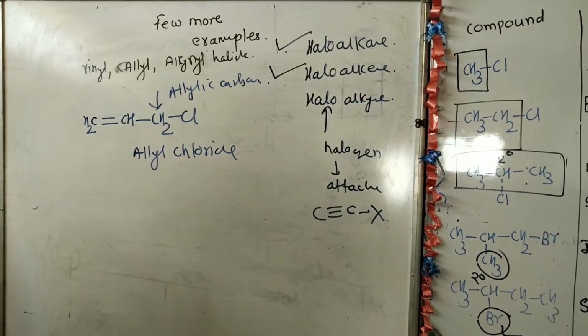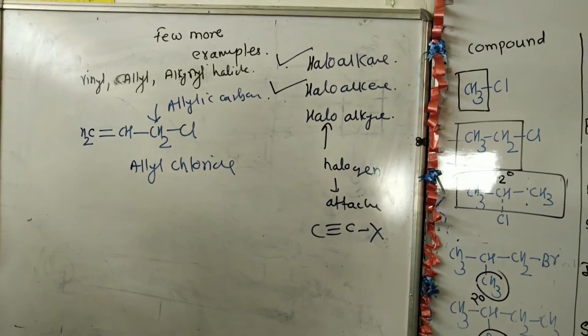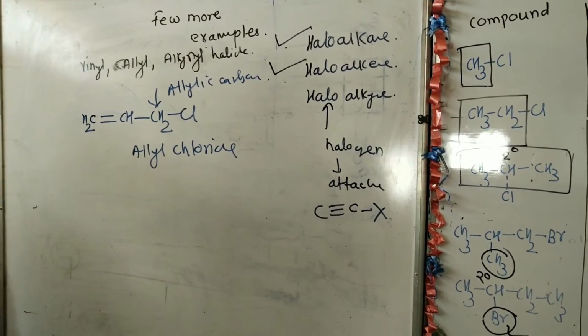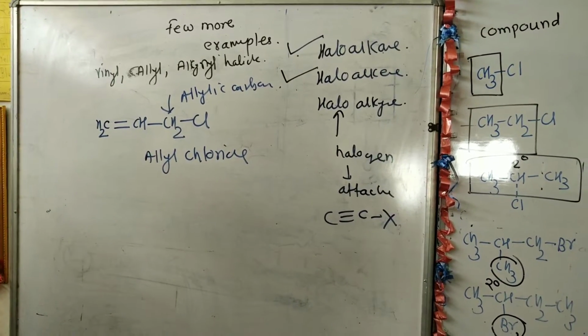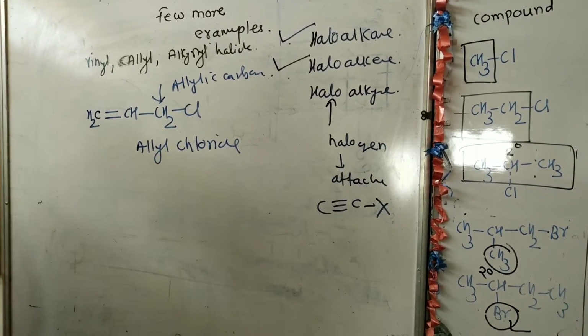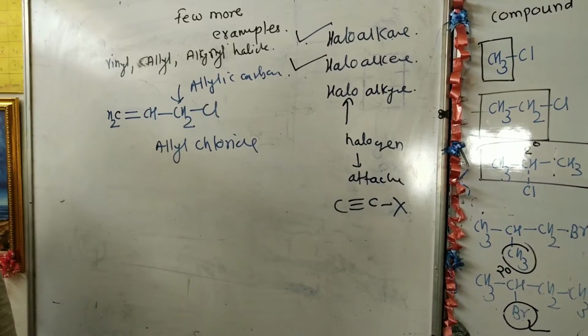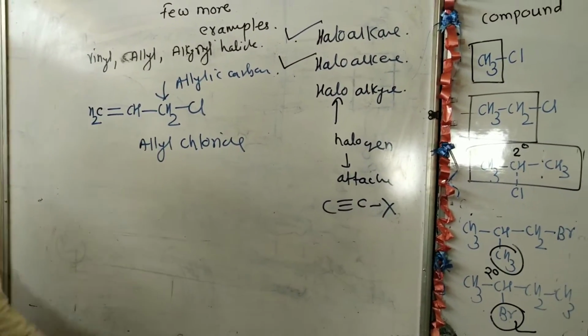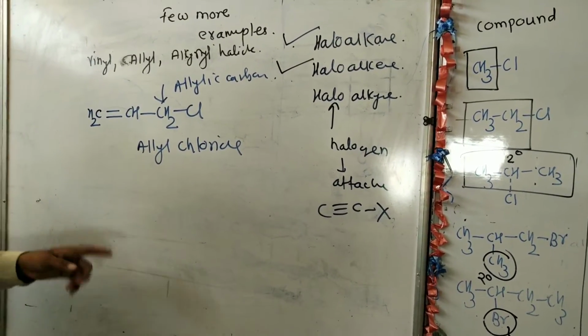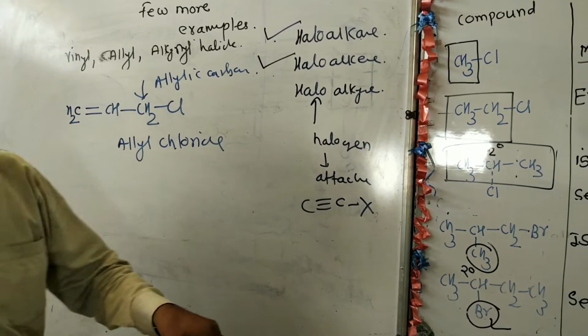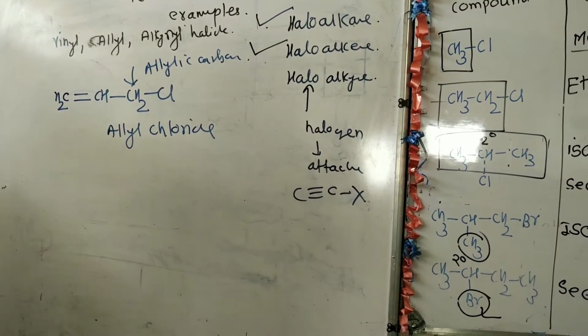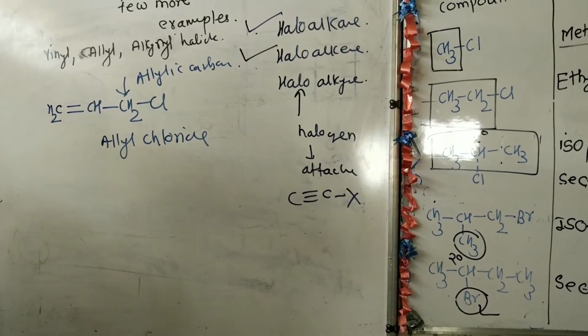And in the case of allyl chloride, a little bit different rule is applied. What is that rule? Select the longest chain from where the carbon-carbon double bond is near, and not where the halogen is near.